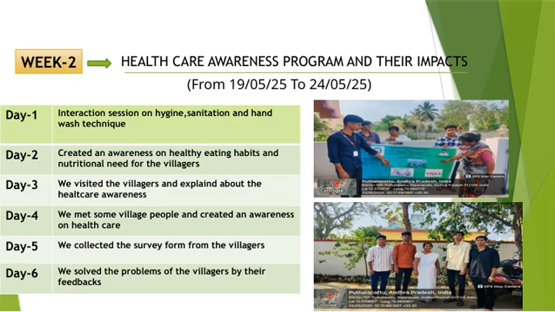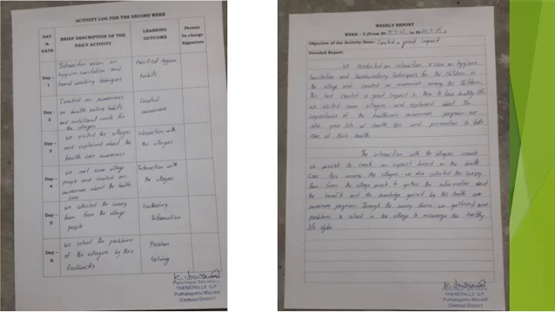Finally, by solving some of their problems based on the feedback received, we reinforced the importance of continuous health education and community involvement. Overall, this week was about creating a sustainable impact, empowering the villagers with knowledge that can improve their health long-term.